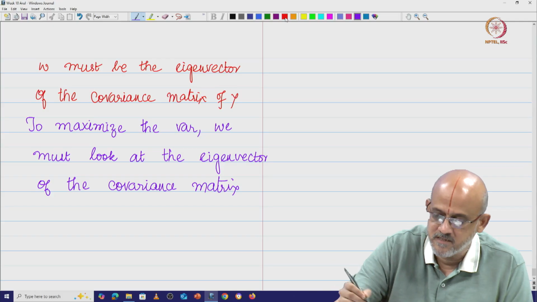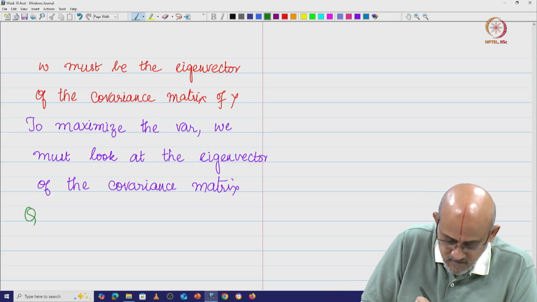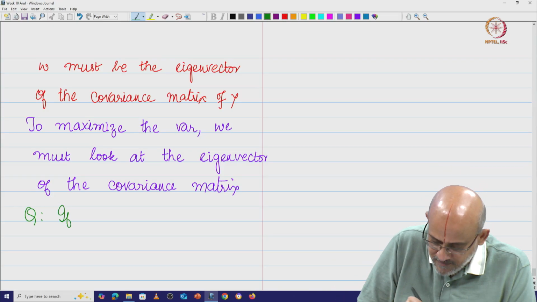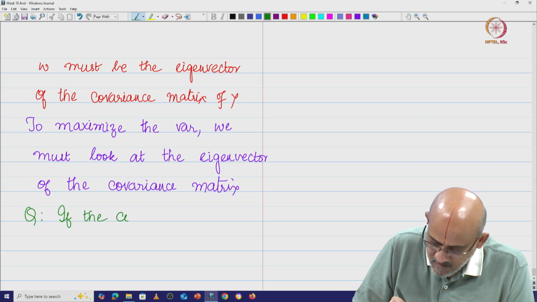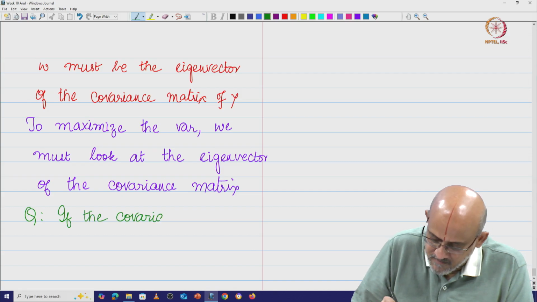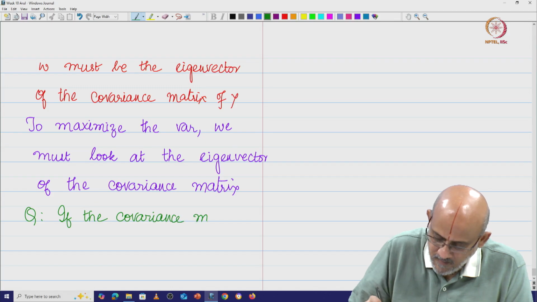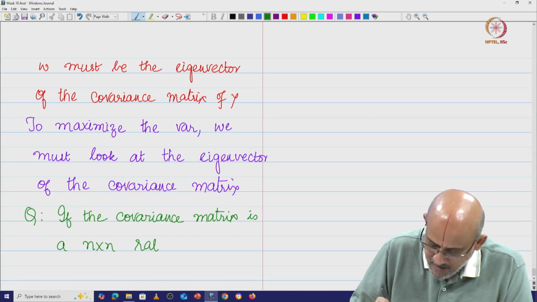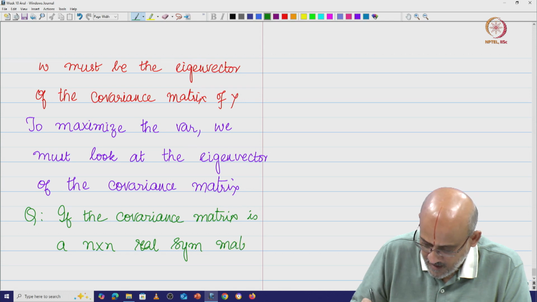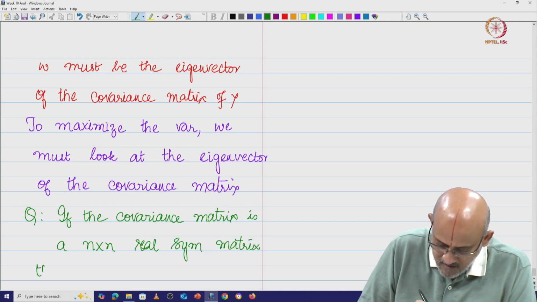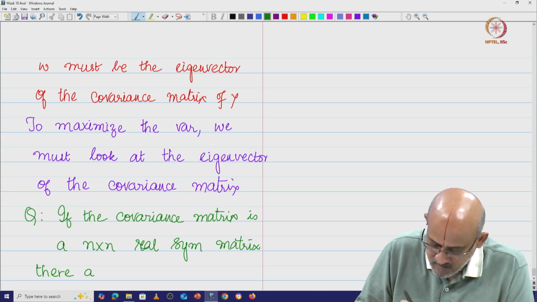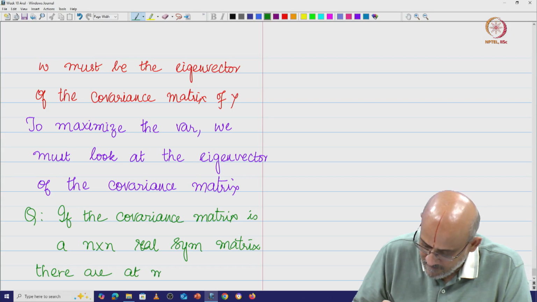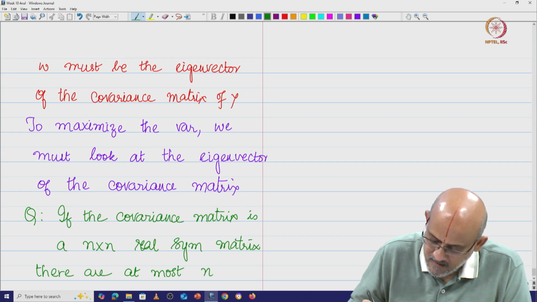The question here is, if the covariance matrix is an n by n real symmetric matrix, there are at most n eigen directions.